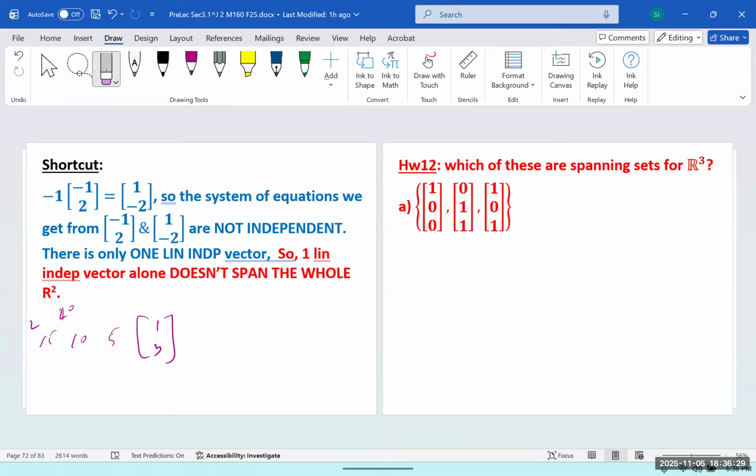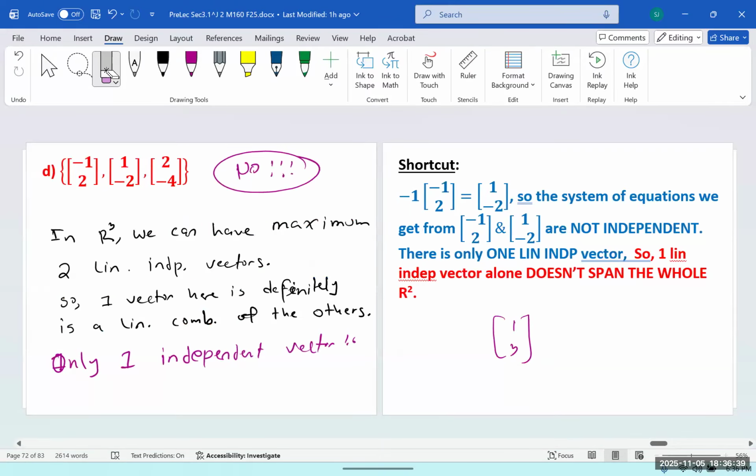So one vector is independent, and the other vector is a scalar multiple of that independent vector. And here we have only one, because if you pick the first one to be independent, then the second one is -1 times the first one. So if this is V1, then our V2 is -1 V1.